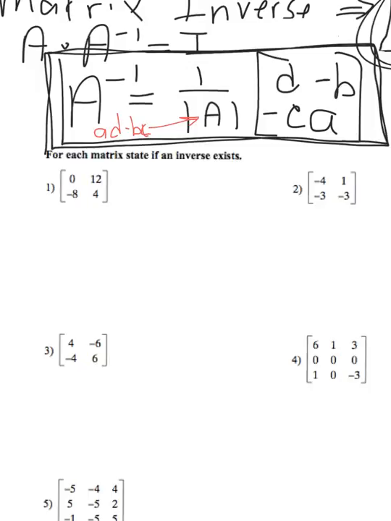Okay, so let's see if we can apply that then. Right here, let's get the determinant first. The determinant of this matrix. Remember, it was like absolute value signs. The determinant of this matrix is the A number, so that's the 0, times the D number, so 0 times 4, minus, and now we need the B number, so that'll be the 12, times the C number, the negative 8.